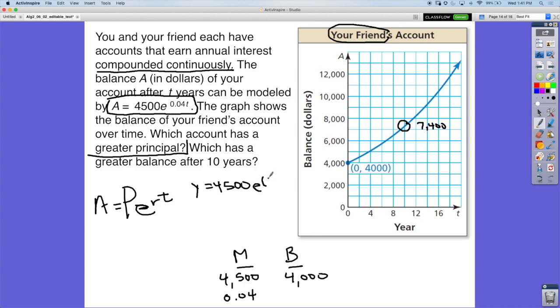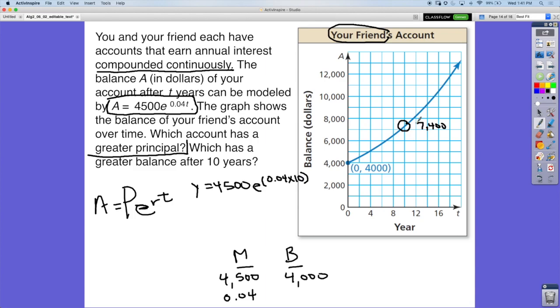You're going to put 0.04 times how many years? 10. Close parentheses. Then you're going to press enter, and it's going to tell you what your balance is after 10 years. And I know my buddy has 7,400.